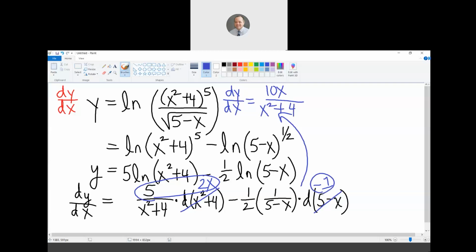The negative 1 times negative 1/2 changes to a positive 1/2 times the 5 minus x. And as far as I'm concerned, you can leave your answer as two fractions.